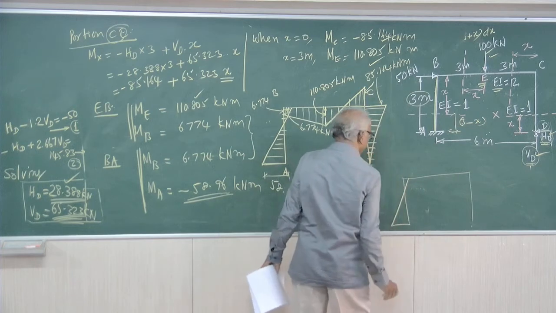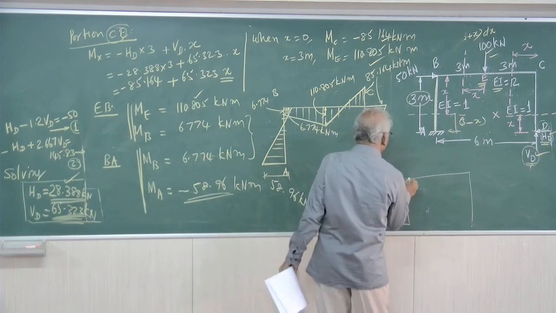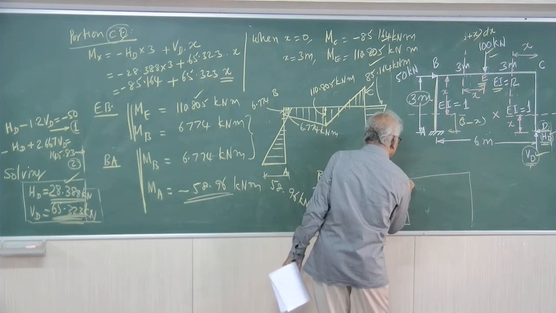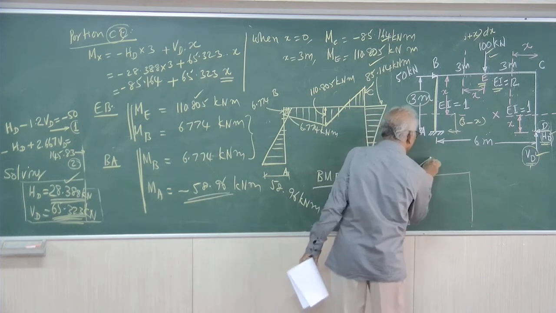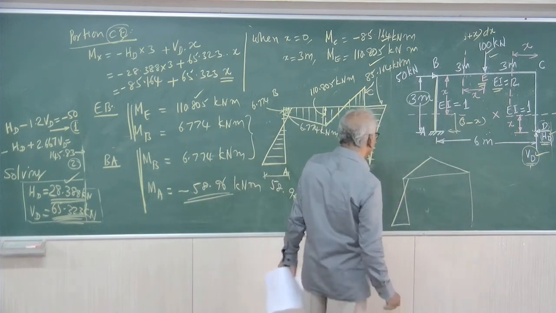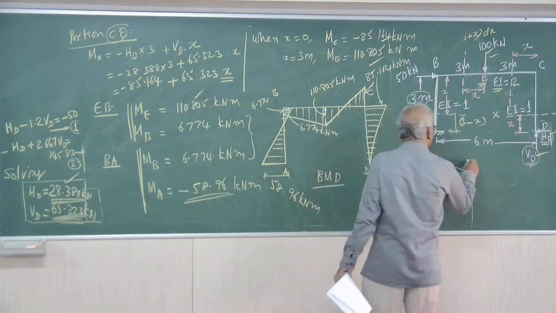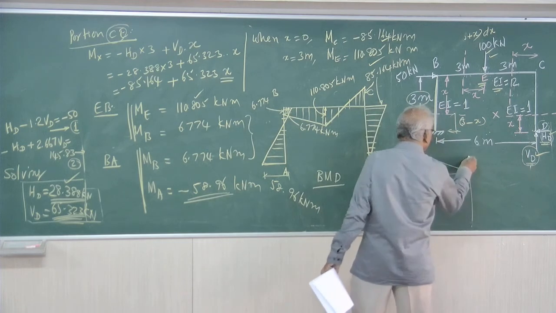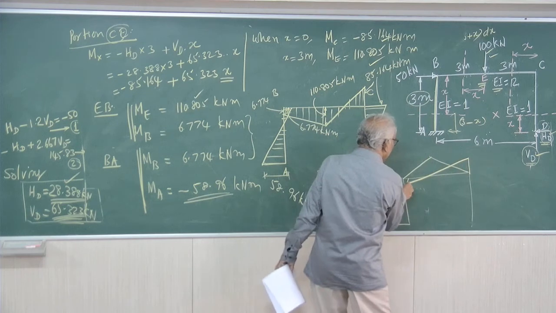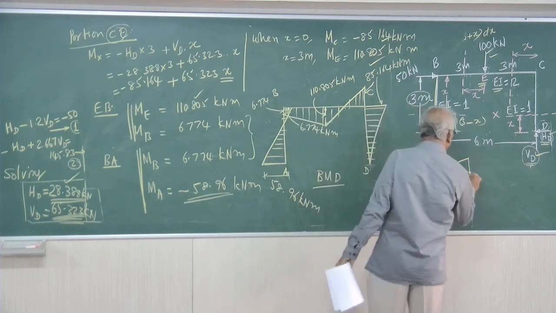This correct. And here normally we will be plotting this say like this. So this is the positive bending moment diagram as a simply supported WL by 4. Now here this is the negative value. This will be the diagram, and this will be the diagram.